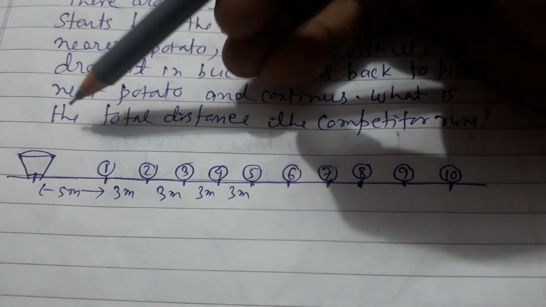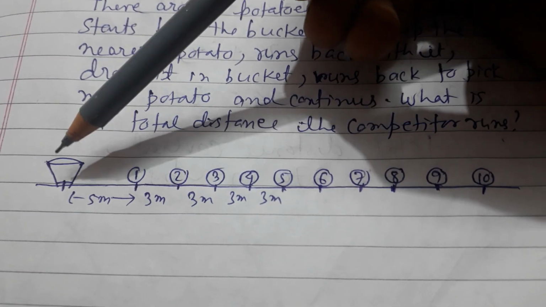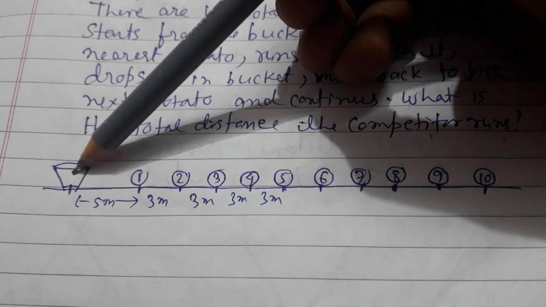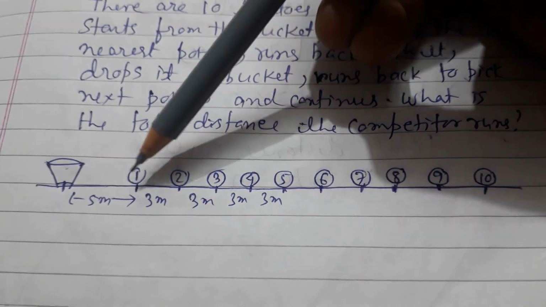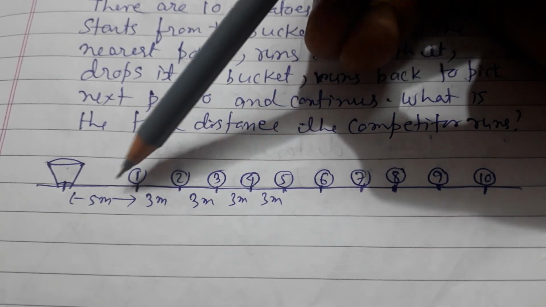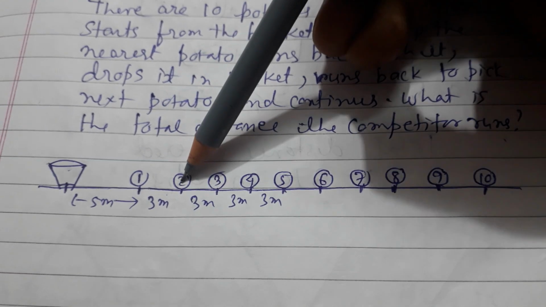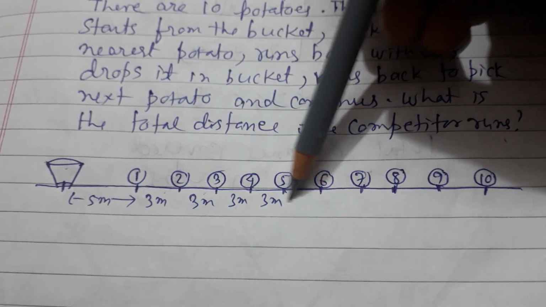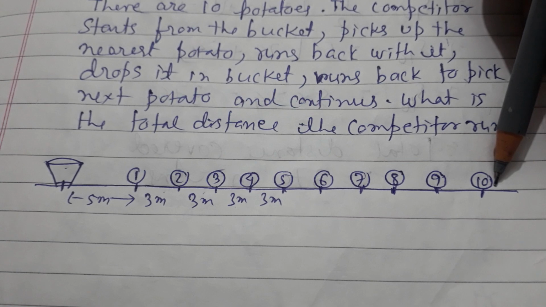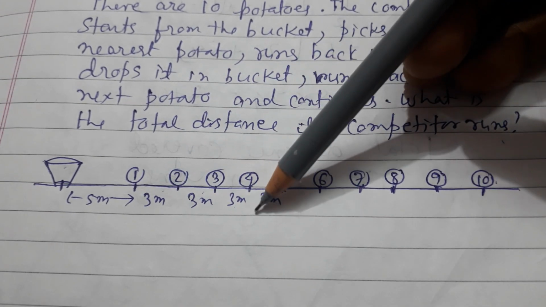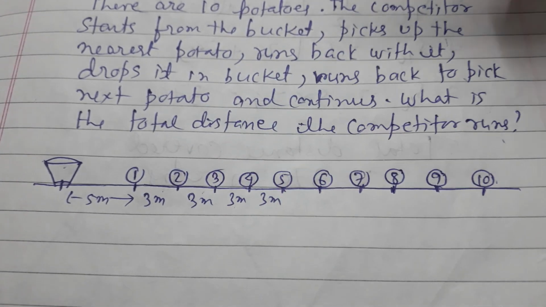Now listen, look at the figure properly. Here a bucket is kept, and 5 meters apart the first potato is kept, and after 3 meters the second potato, and this goes on up to 10 potatoes. All the potatoes are 3 meters apart.